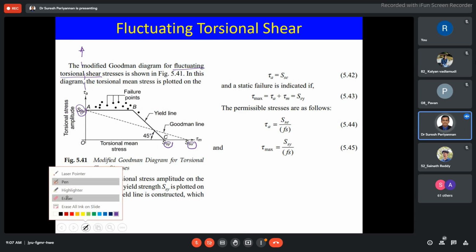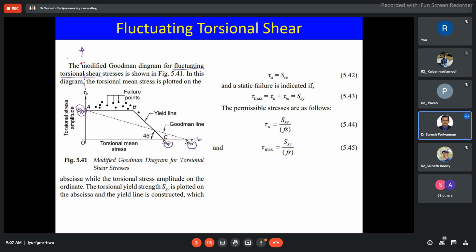Now I am considering this as SSY. Draw these two lines, with SSY on the y-axis, similar to what we used earlier. Then the x-axis and y-axis are at a 45-degree angle. On the y-axis, I am using the torsional stress amplitude. This is the torsional mean stress.